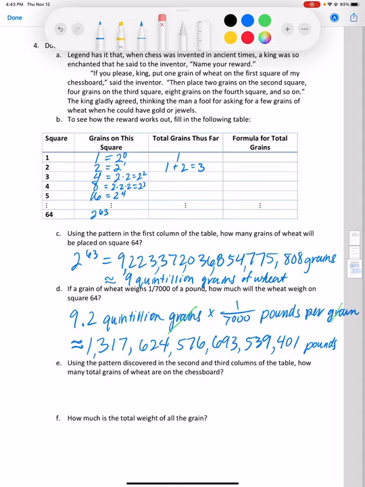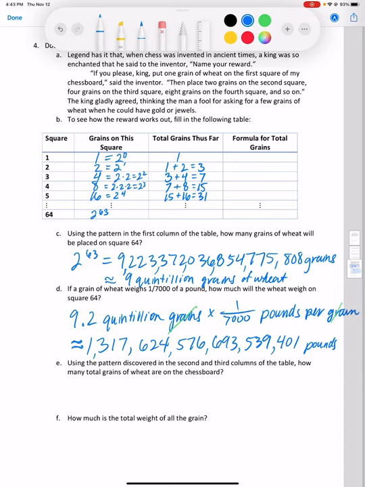Since square number 2 has 3, we're going to add that to the new amount from square number 3. So we have the 3 from square number 2 adding on to the 4 new ones, and we get 7. Okay, so on square number 4, we have 7 from all the previous squares, and we're going to add on the new 8, and that gives 15. And square number 5 has 15, plus we're going to add on the new 16, and we get 31.